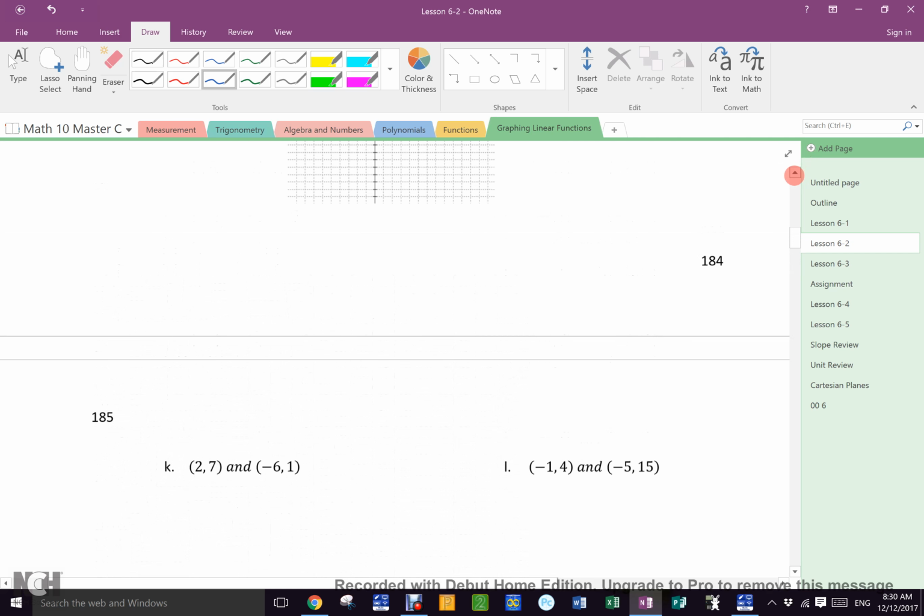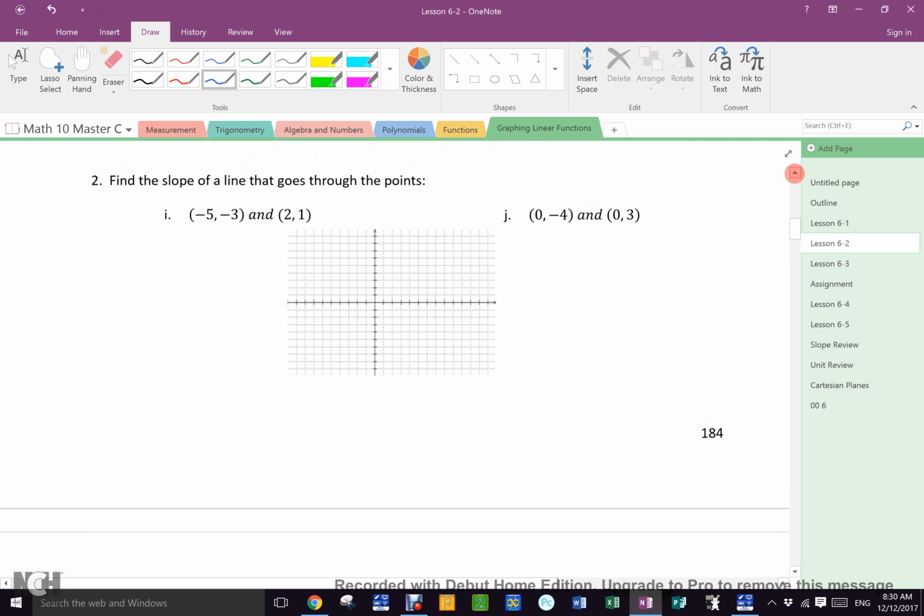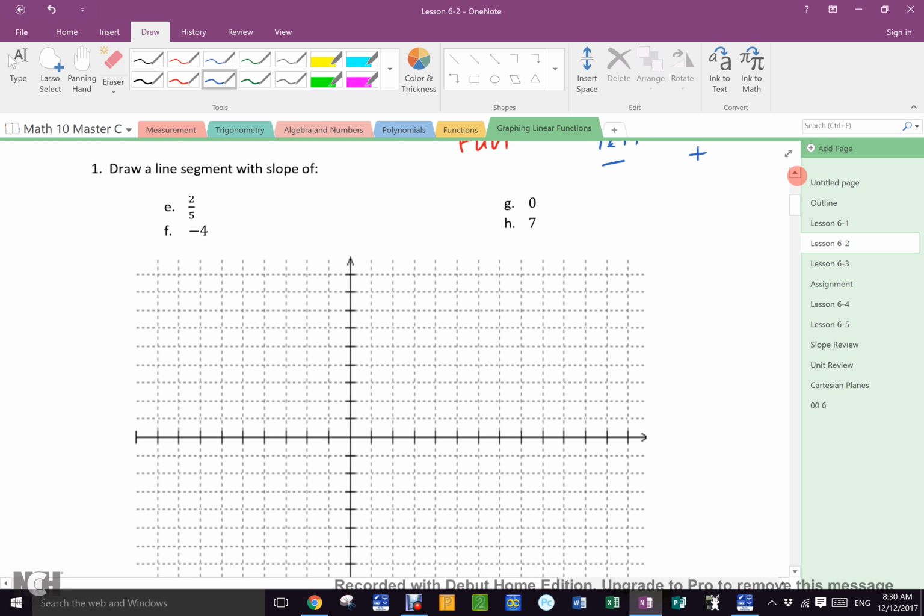Now, every single person, somewhere in the top right corner up here, put a dot anywhere in that quadrant. It does not matter where. Every single one of you put a dot and label it with its coordinates. Okay?